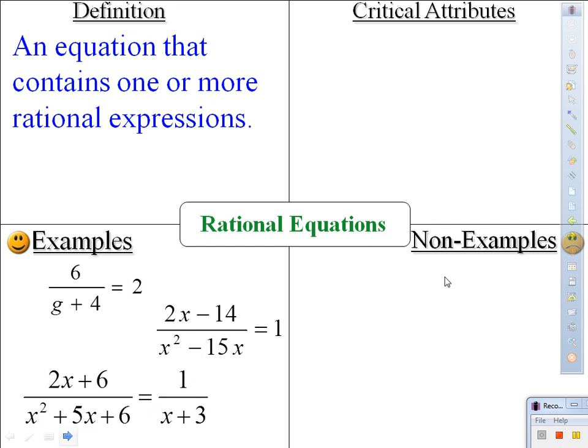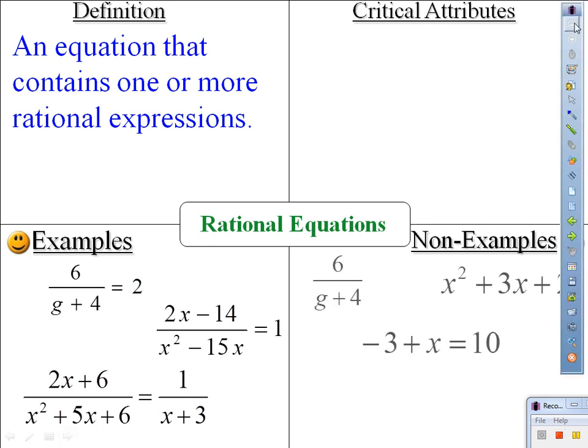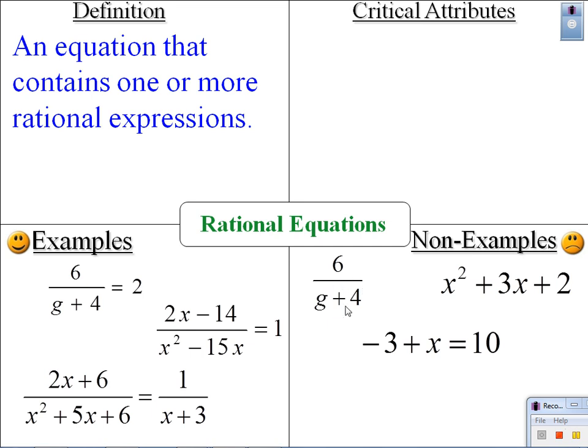Those are the examples. Here are the non-examples: 6 over g plus 4, x squared plus 3x plus 2, and negative 3 plus x equals 10. Copy that, please, and then I'll go over it with the definition.